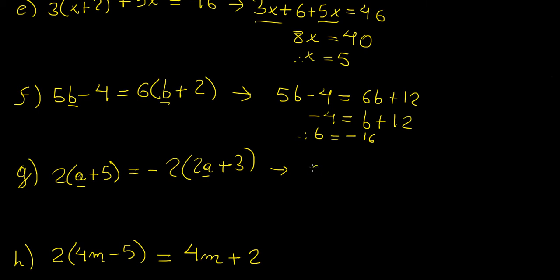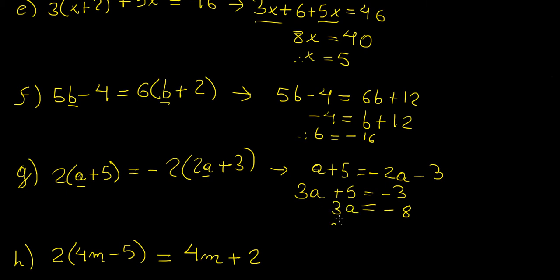And then we're going to be left with a plus 5 on the left-hand side equals minus 2a minus 3. Now we can add 2a to both sides, so we get 3a plus 5 equals minus 3. Now we can subtract 5 from both sides, so this becomes minus 8, 3a. And then in the end, we know that a is going to be minus 8 divided by 3.